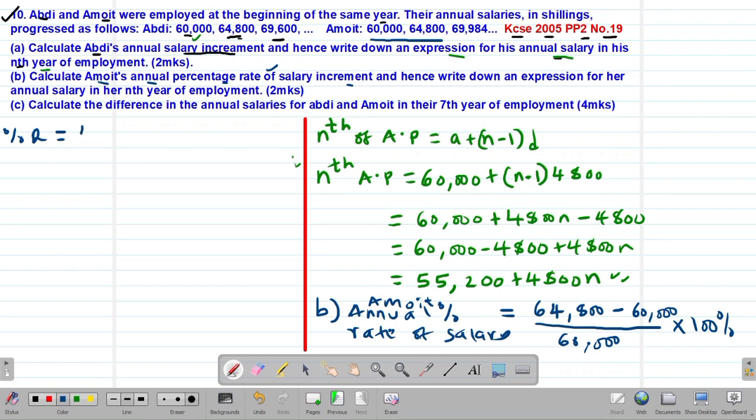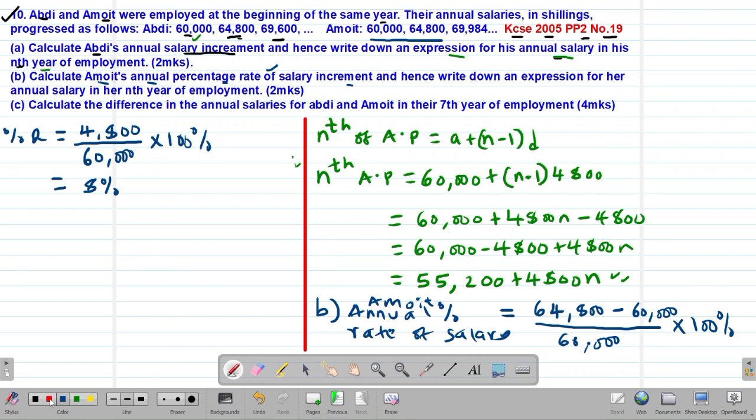We are going to get 4,800, then divided by 60,000, then of course multiplied by 100%, because they want the percentage rate of change. So 4,800 over 60,000 times 100% is going to give you 8% as the annual percentage rate of change.